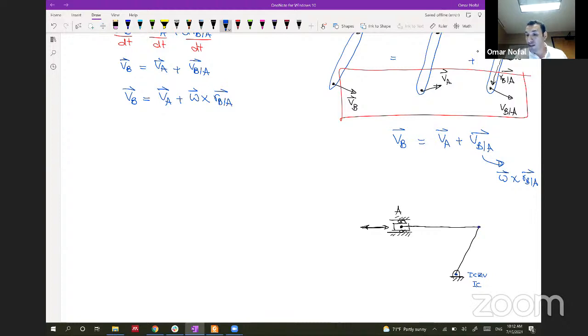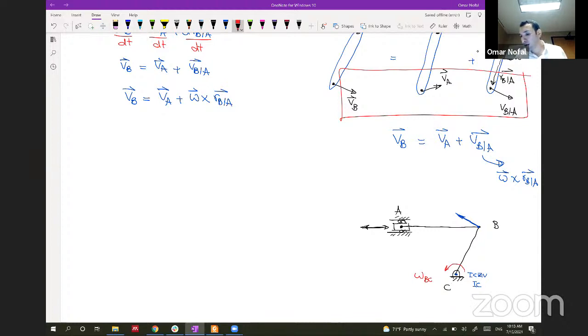So if we want to get the velocity of this point, we can get it from two sides. Let's name this as B and let's name this as C. You can get this VB with respect to C or VB with respect to A. If we get VB with respect to C, it will be perpendicular in this direction, assuming that this body is rotating with omega, and we will call this omega BC, which means it's for the arm BC.